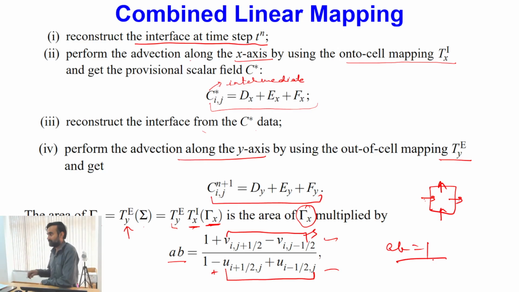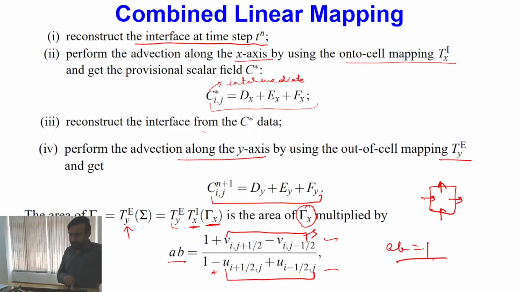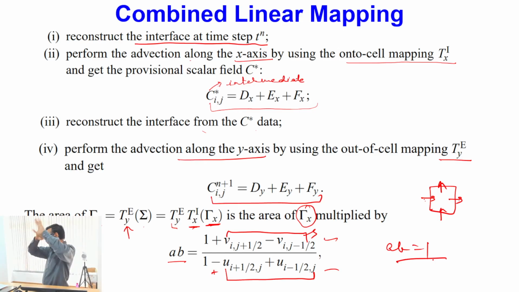So what it means, with whatever area we started, gamma x, ultimately gamma y we have obtained the same amount of area but at some new position. Is this one clear? So if we are starting with gamma x but we are getting new area gamma y, but this gamma y is actually after its advection, then ultimately overall area is actually conserved.